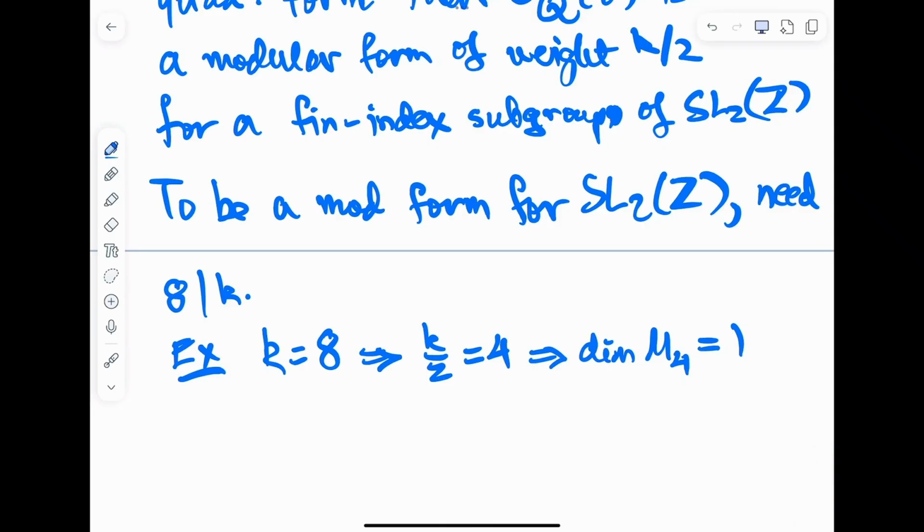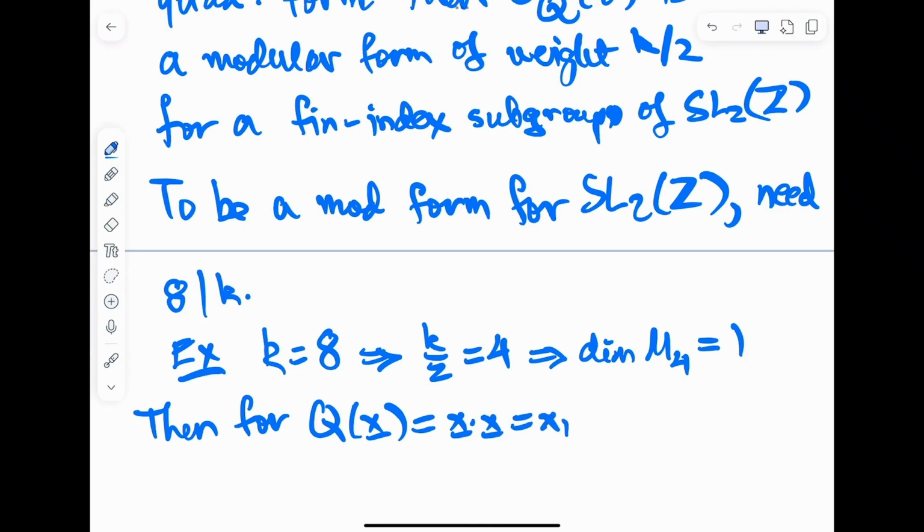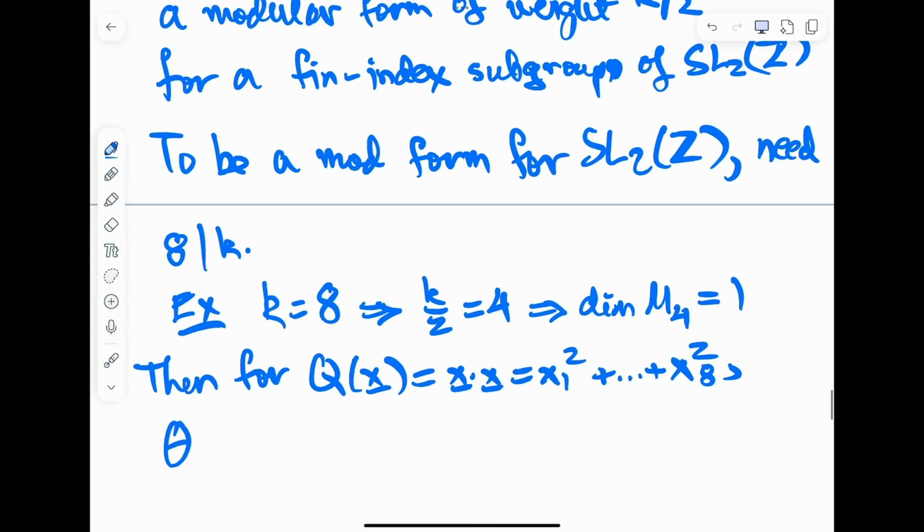And so when Q of x is the 8-dimensional sum of squares, its theta series turns out to be in the space of modular forms of weight 4.